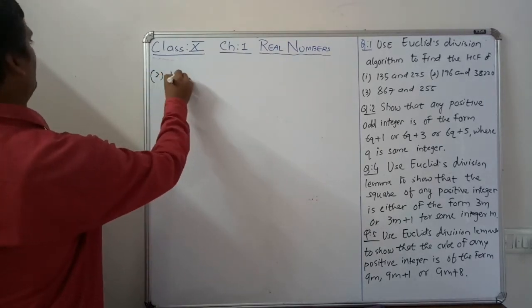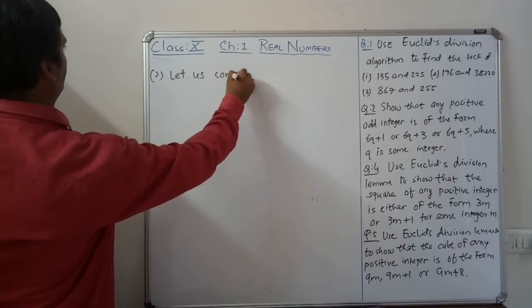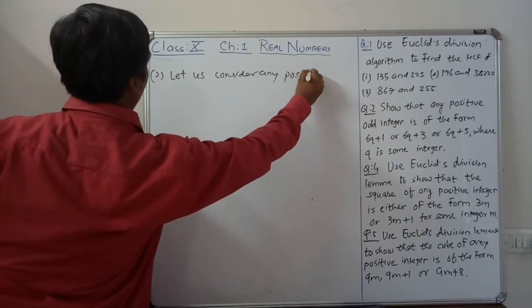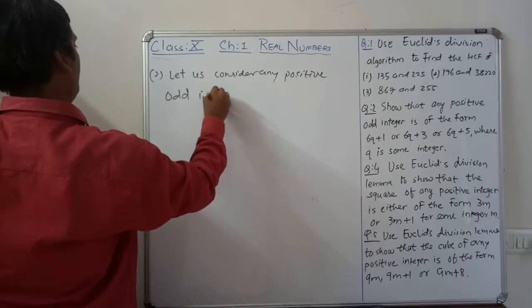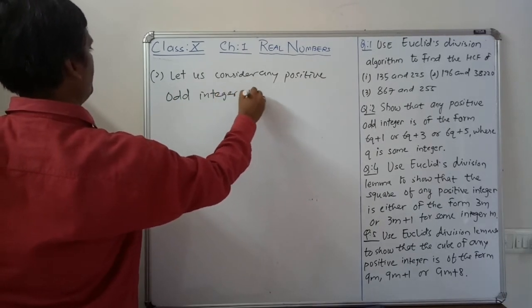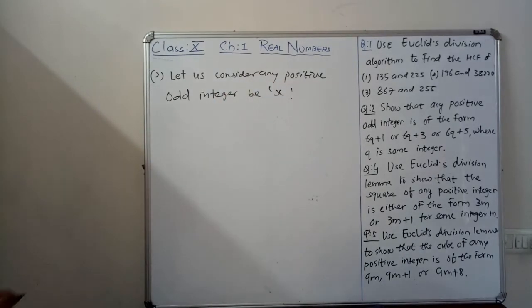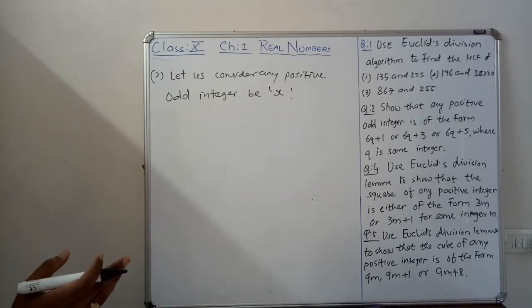Let us consider any positive odd integer be x, right? The question is 6q plus 1 or 6q plus 3 and 6q plus 5, right?